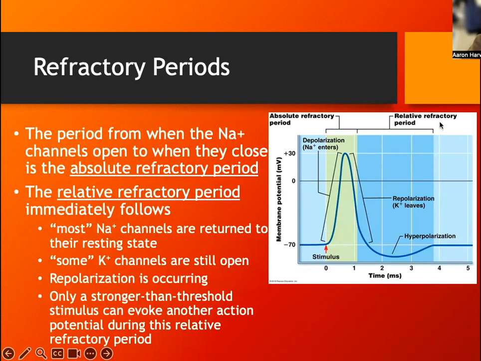So during the relative refractory period, if you have a strong enough signal, you can create a second action potential before you're at your ideal. Ideally, you would get back to over here and be back to resting before you did another. But it's possible to add to the first one. And you need a stronger than the negative 55 millivolt threshold to invoke another action potential during this period.